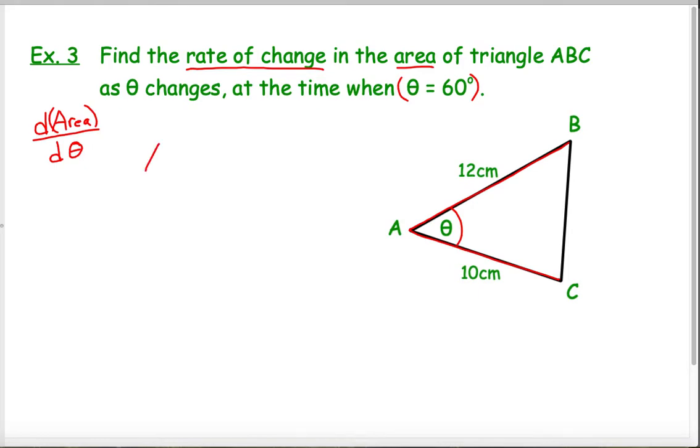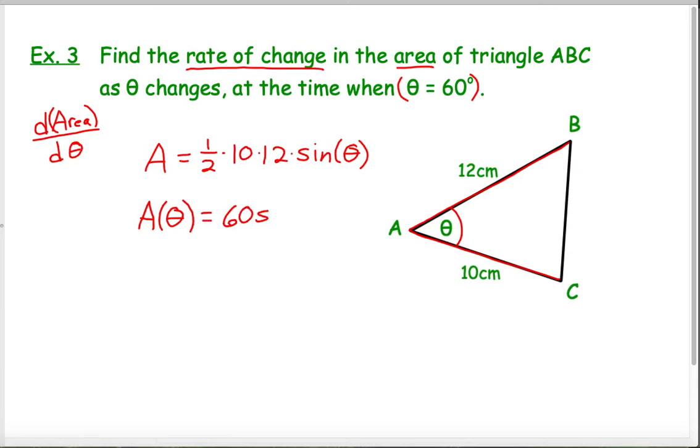And so you might remember that the area of the triangle is going to be 1/2 times the 2 sides times the sine of the angle between them. And so that's our formula for area. So we could even write this as a function. A of theta is going to be 60 sine of theta.